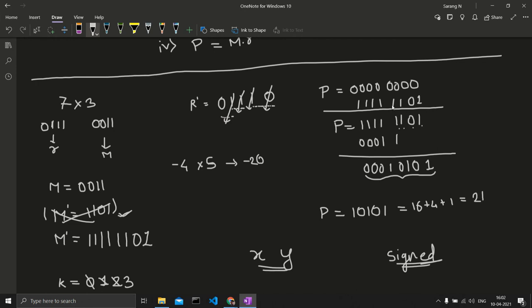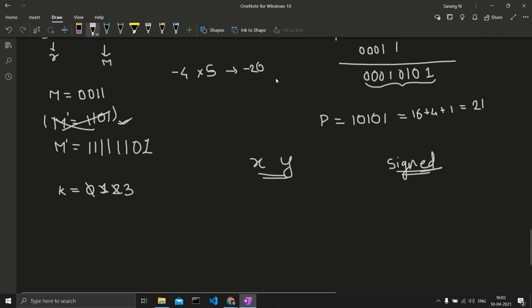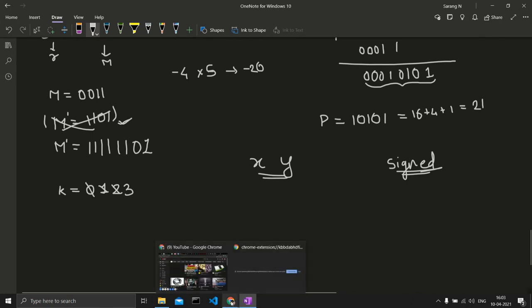That would be just equivalent to 14, and not minus 3. So we just have to keep these precautions in mind, and we can easily multiply two numbers using Booth's algorithm. Thank you.